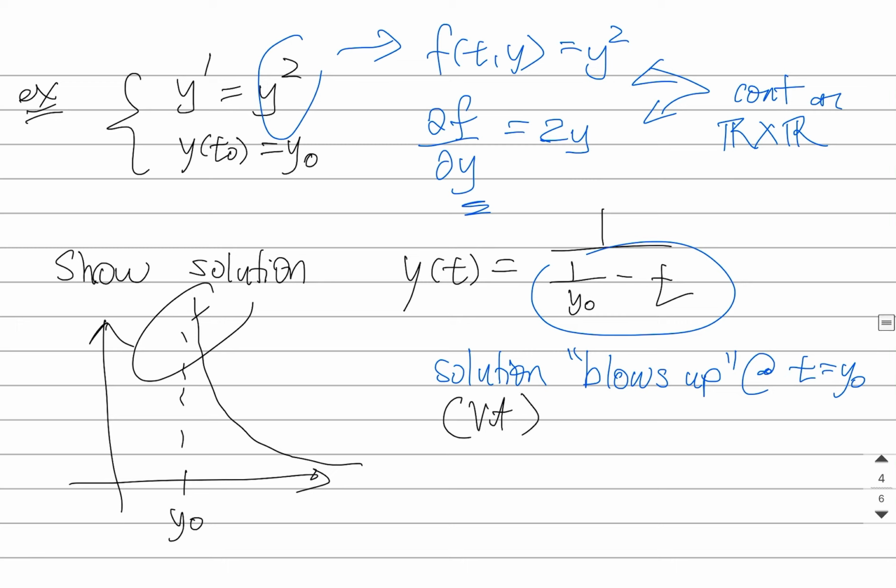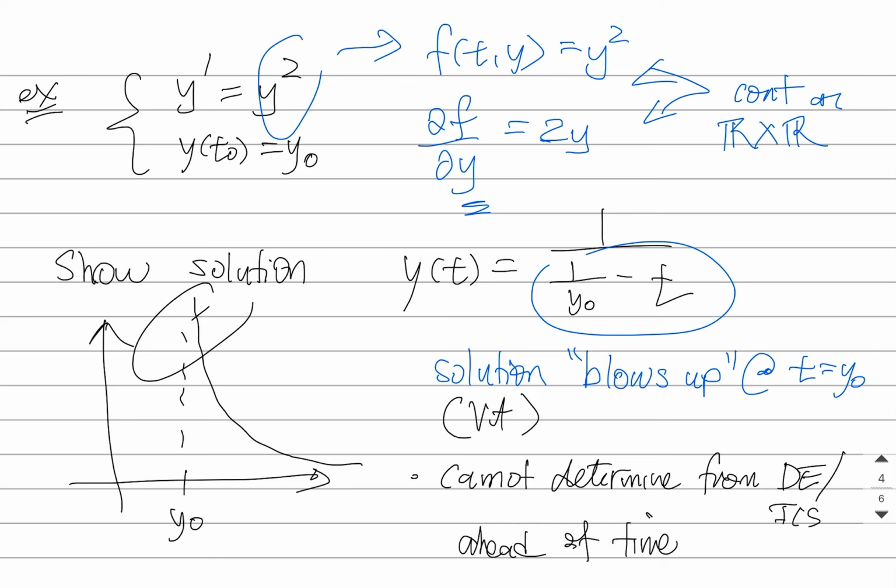Holy smokes, I couldn't see that. I can't determine this from the DE or the initial conditions ahead of time. I have to actually solve the DE to see where this is.